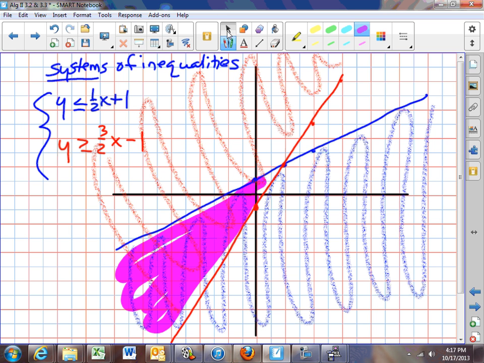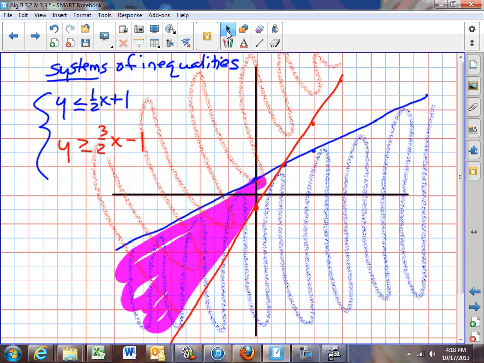But sometimes it's not as easy to see that, especially as we put more and more inequalities into the system, because sometimes we'll have more than 2 or 3, and it does get a little bit more complicated.